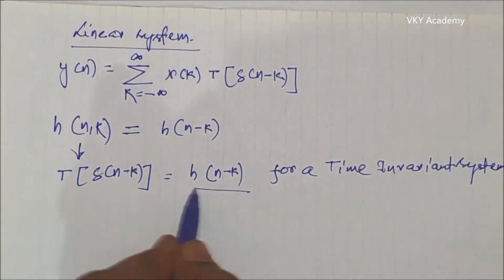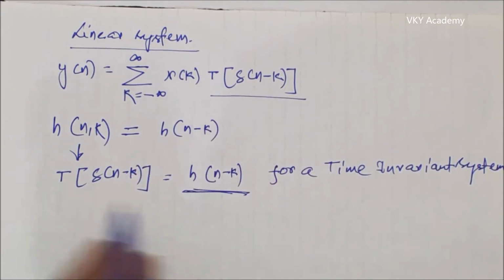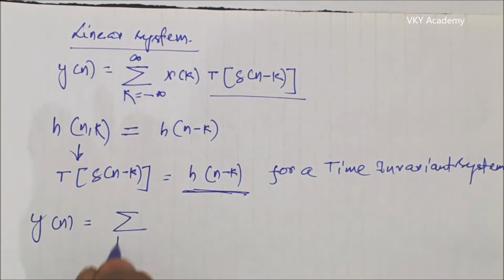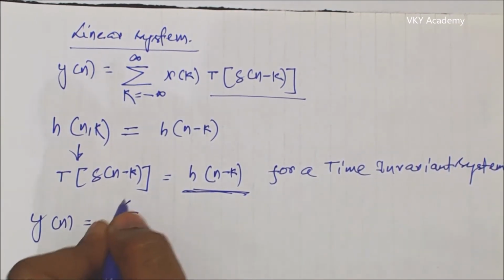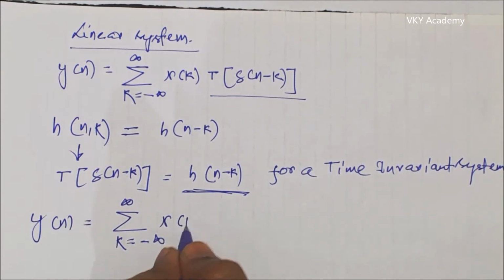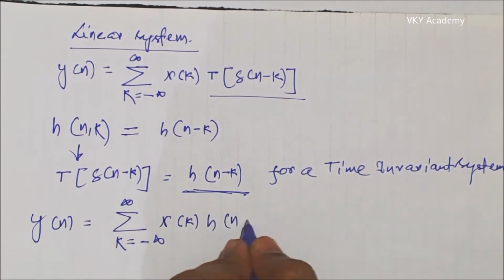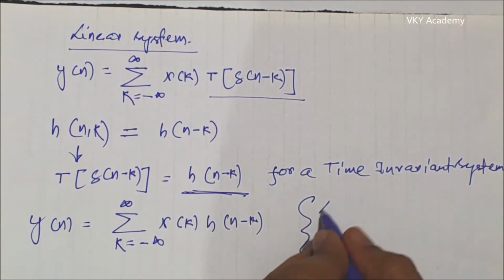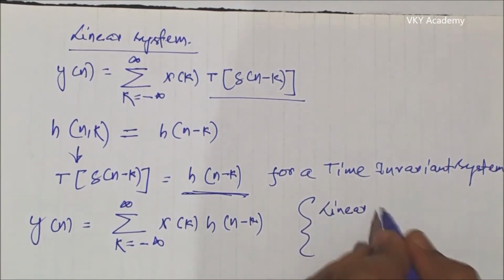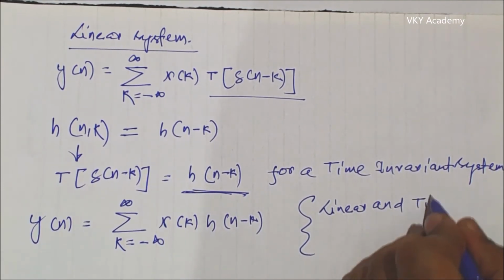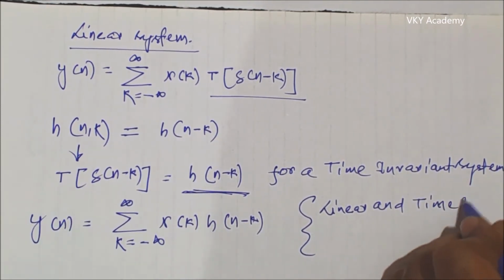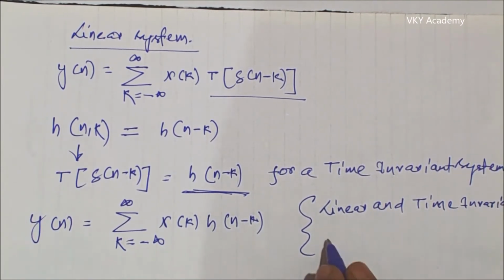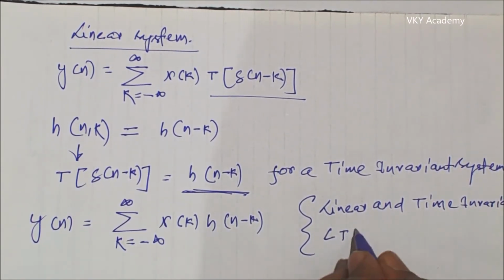Now substituting this value in place of T of delta of n minus k, y of n will be equal to summation k equals minus infinity to infinity x of k h of n minus k, provided the system is linear and time invariant, or we can say an LTI system.